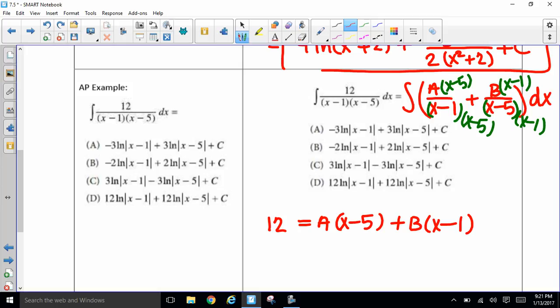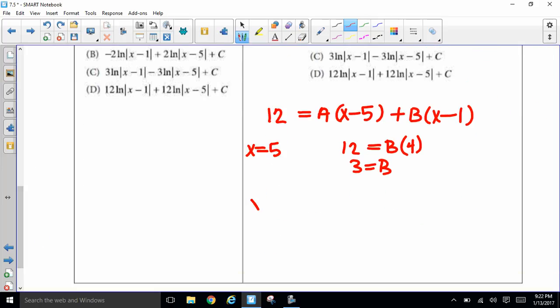I can probably just zero them out and get there pretty quickly. So if x equals 5, I would have 12 equals, that term's gone, B times 5 minus 1 is 4. 12 over 4 is 3, so B is 3.